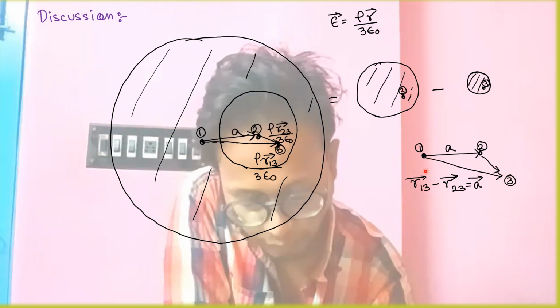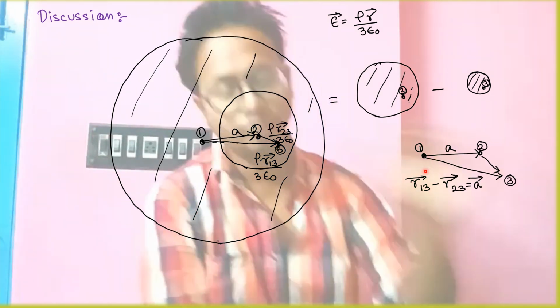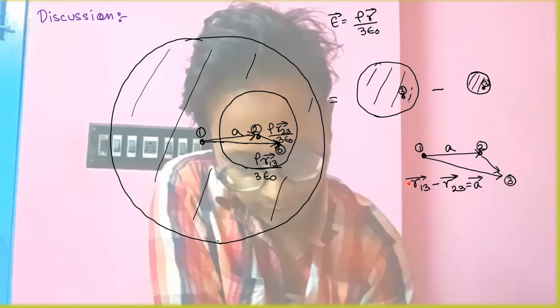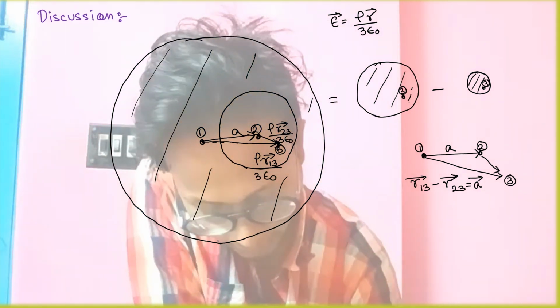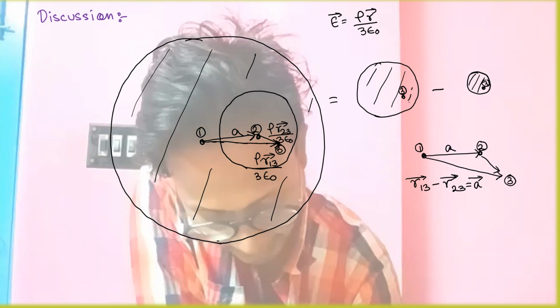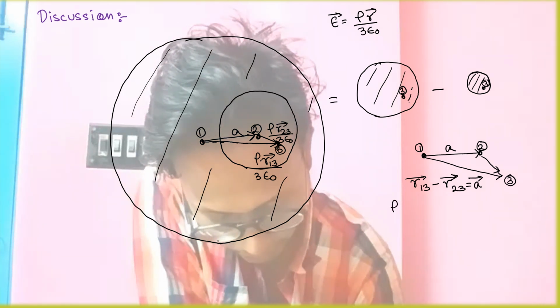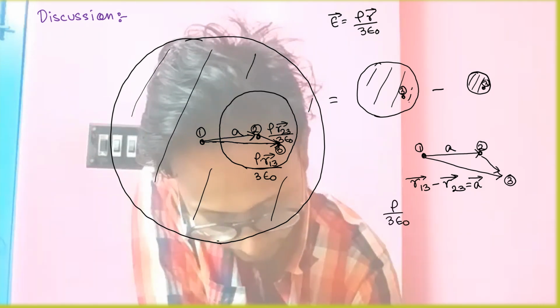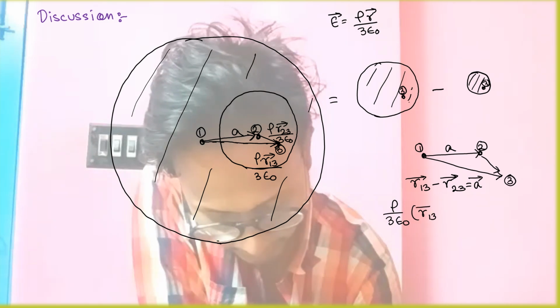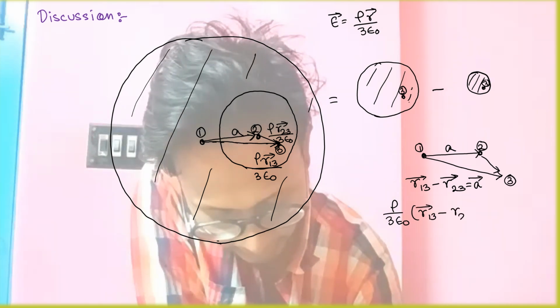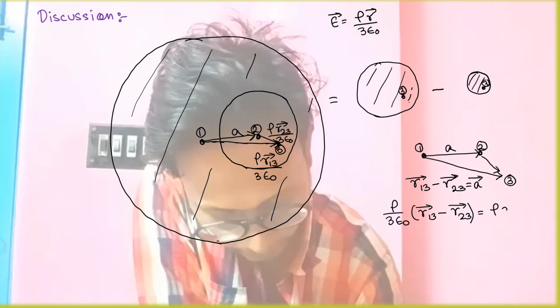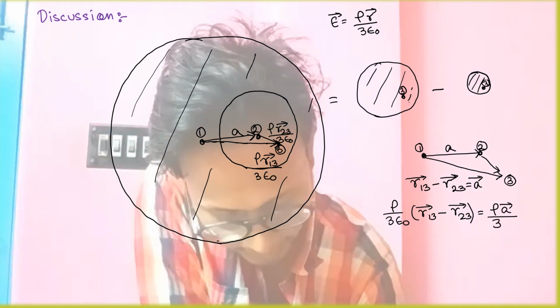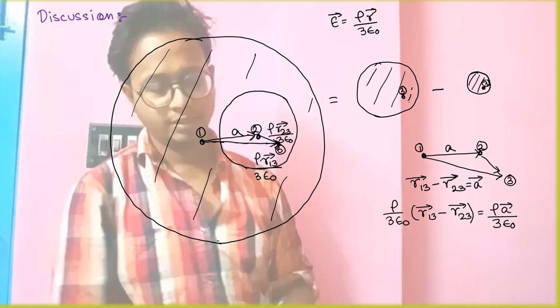If you take R23 to the left-hand side, it becomes this equation. Now if I multiply the left-hand side and right-hand side by rho by 3 epsilon naught, R13 vector minus R23 vector is equal to rho a vector by 3 epsilon naught, isn't it?